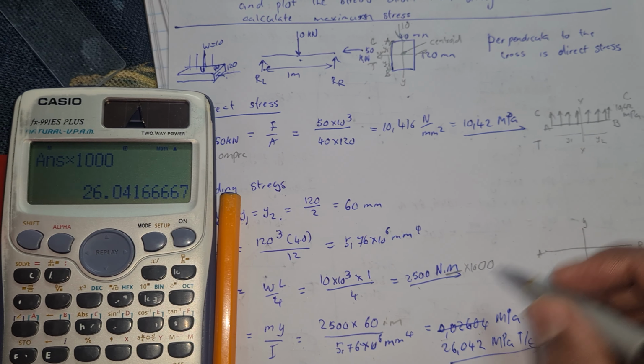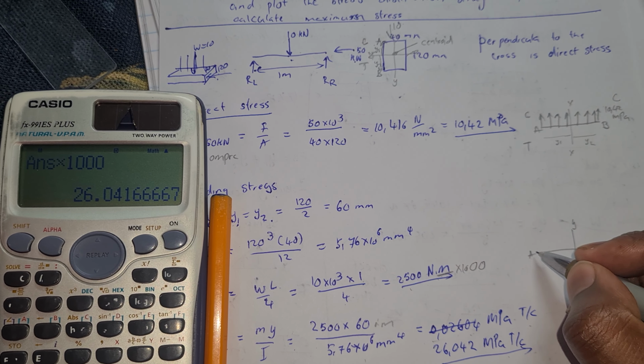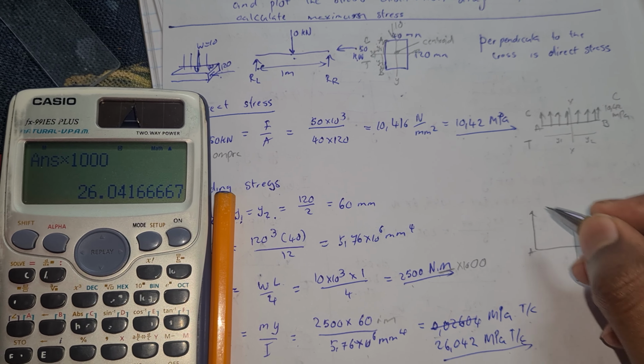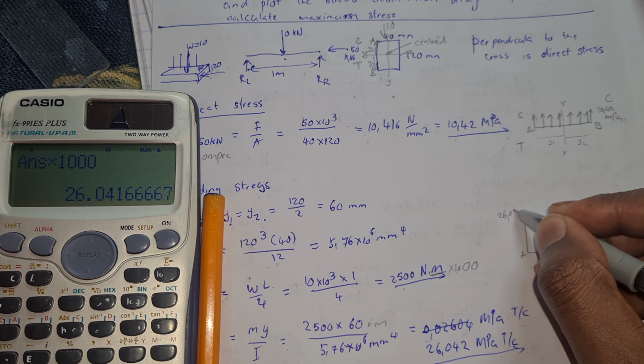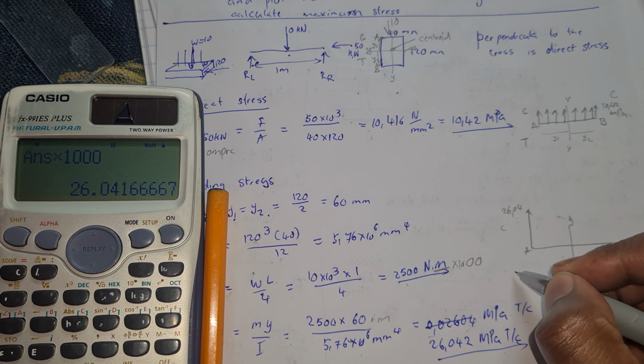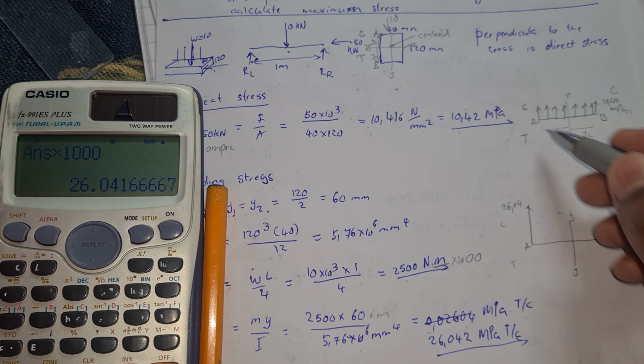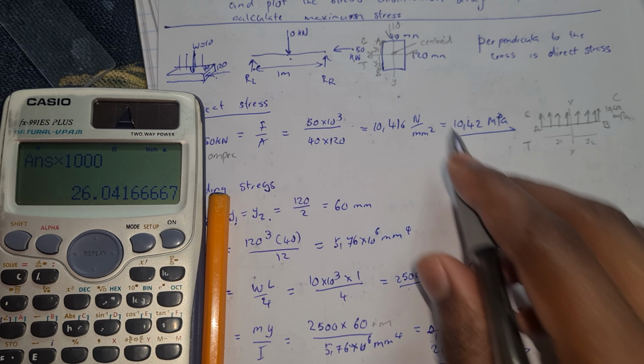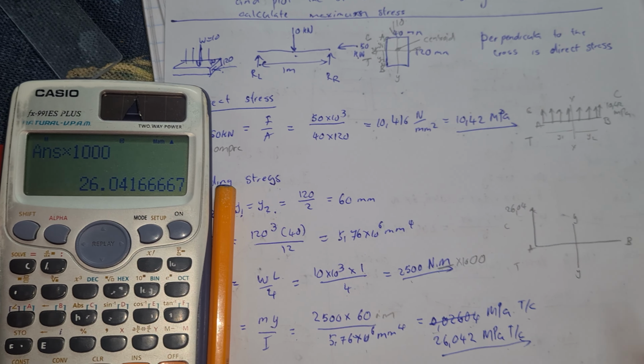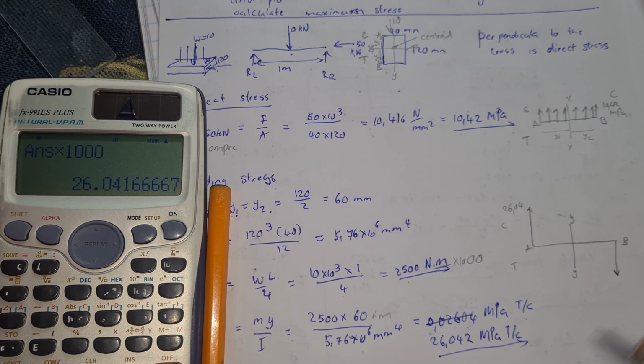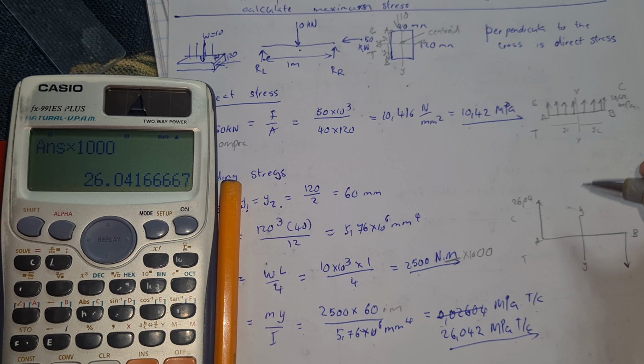So where is it? A is what? It's compressing. That means 26.042 goes up. Remember, this is a compression sign, and it must be consistent with the first one. And then B is what? Tension. That means B is going down. Right?